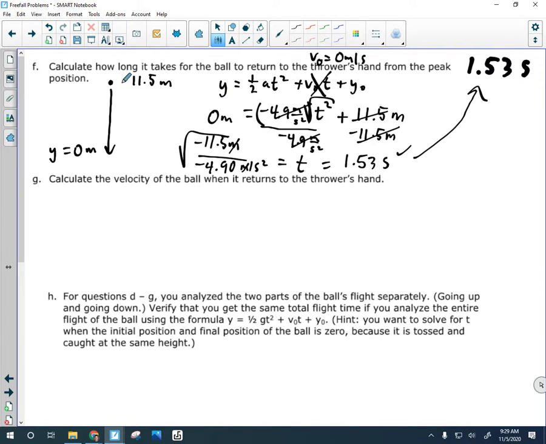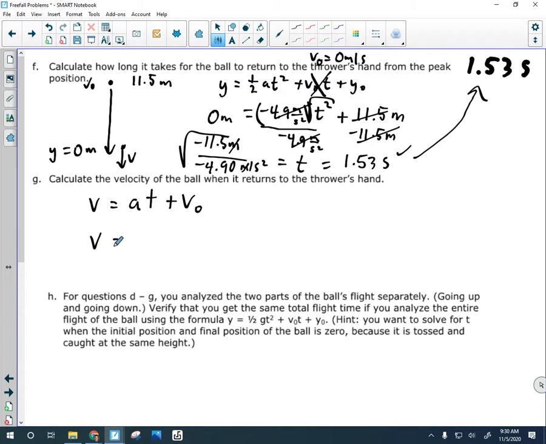Now, what I want to know is up here, the velocity was 0. What is that downward velocity after it has fallen 1.53 seconds? So if I go to my velocity equation, now I don't know the velocity.